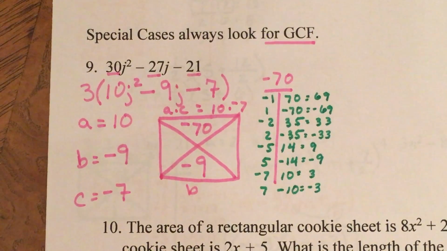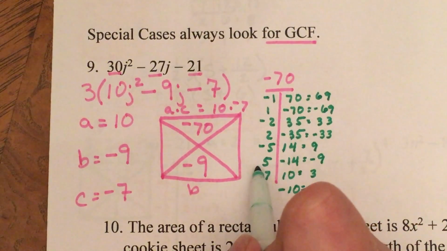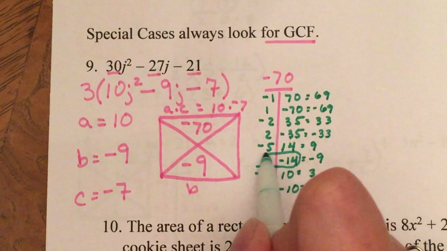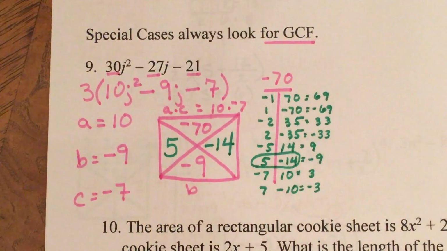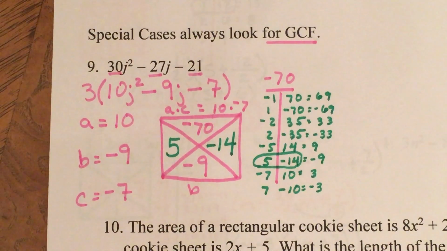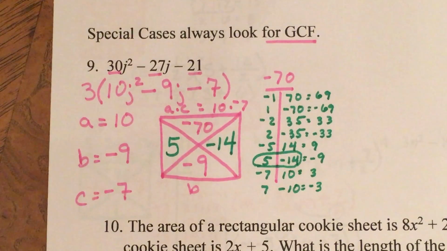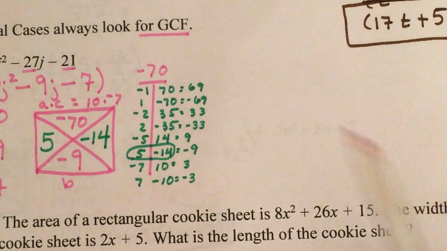Which pair did I need? I needed a negative 9. Here it is. Positive 5, negative 14. All right, let's go build our binomials now. We are ready. You've already done the hard work. You're ready to go.